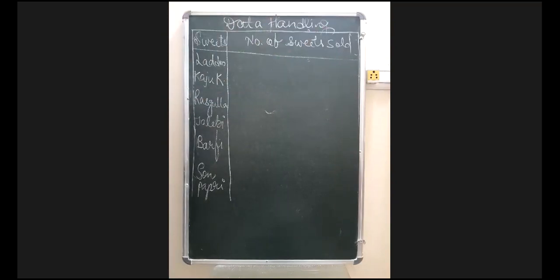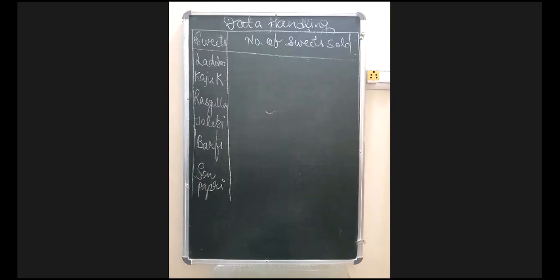But in place of number of sweets sold, we'll represent the data in the form of pictures, because we are drawing the pictograph. Now you must know that if we draw a full picture, it will represent one, because we cannot draw 25 pictures, and we will not draw 35. So what we are doing is categorizing the data.